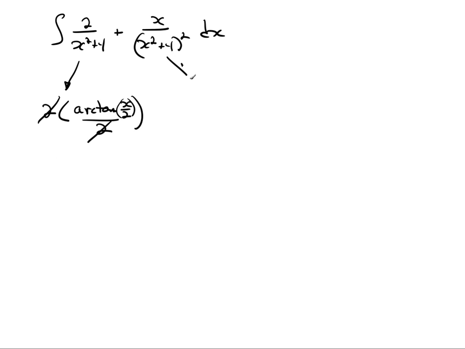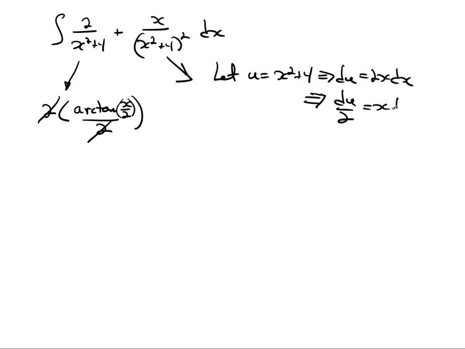The second component is really not complicated, because if I let u equal x squared plus 4, then du equals 2x dx. That means that du over 2 equals x dx, which is exactly what I need.